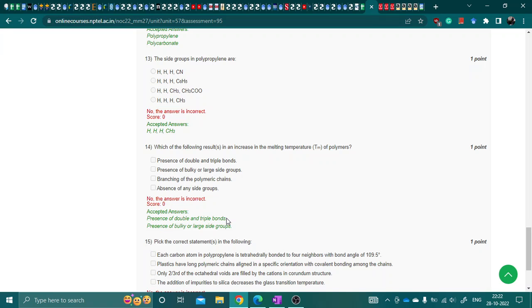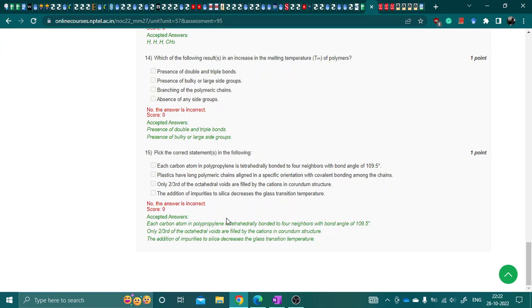And presence of bulky or large side groups, the same reasoning, in that the bonding energy is higher and it will require more energy to dissociate. So presence of bulky or large side groups and presence of double and triple bonds.